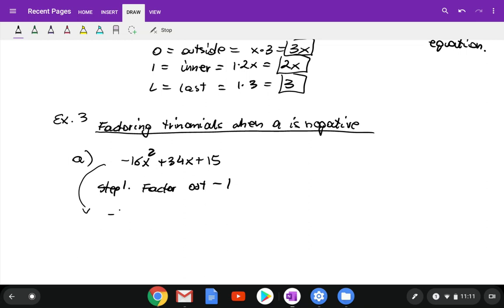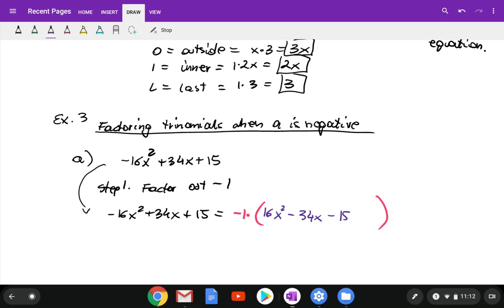Negative 16x squared plus 34x plus 15 is equal to negative 1 times, and when we factor out negative 1, that means your original expression will change the operation to the opposite. So we'll have 16x squared minus 34x minus 15. So change the original sign to the opposite. Okay, so we did step 1.